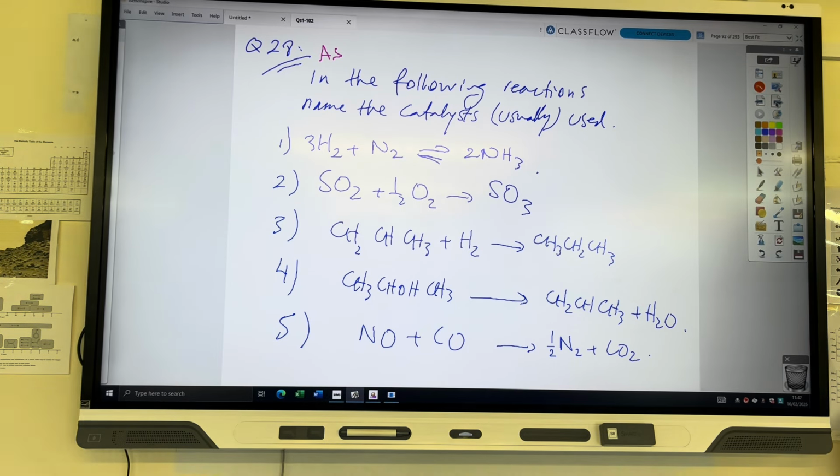So, for example, the reaction between hydrogen and nitrogen producing ammonia, sulfur dioxide with oxygen to produce sulfur trioxide, propene reacting with hydrogen to produce propane, propan-2-ol turning to propene, and nitrogen monoxide and carbon monoxide turning to nitrogen and carbon dioxide. Some of which you may know, the others may need research. You definitely need to know them for the second year.